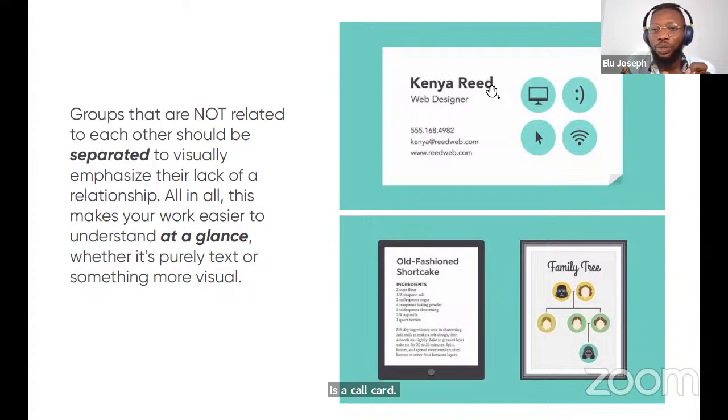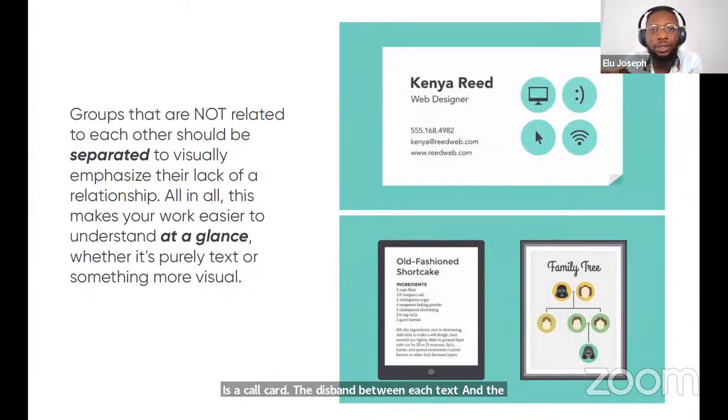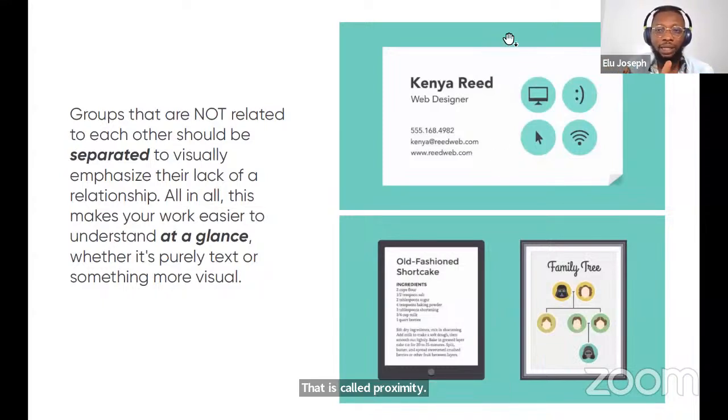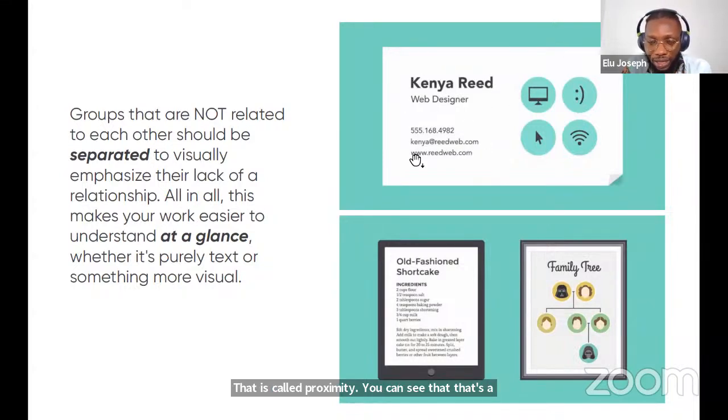The distance between each text and the distance between the text themselves and the icons, that is called proximity. And you can see that that's asymmetric balance. That the distance between all these text put together.